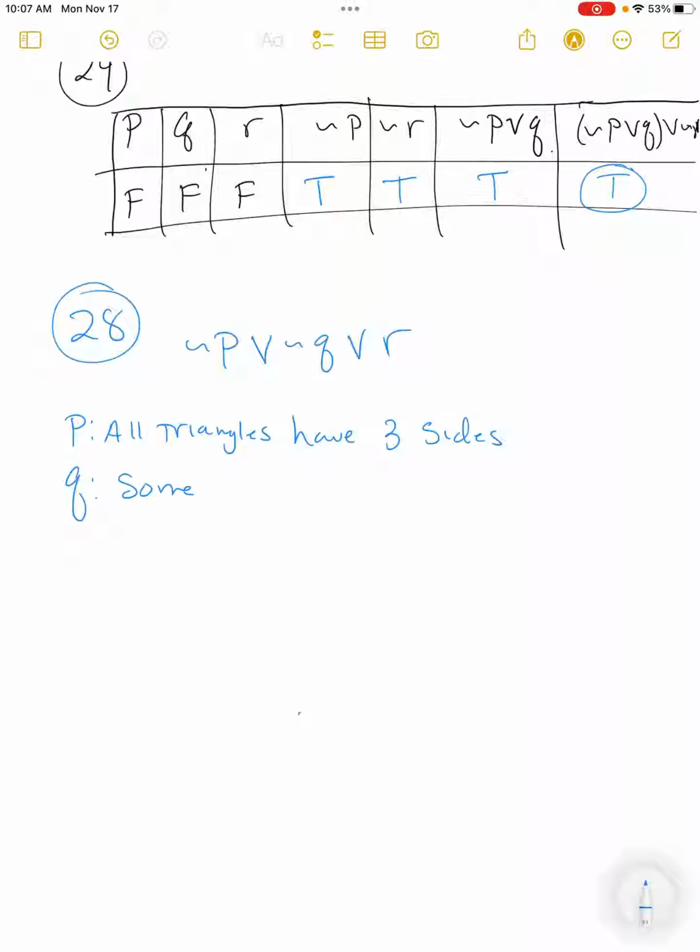Q is some rectangles are not squares. And R is a pentagon has 8 sides.